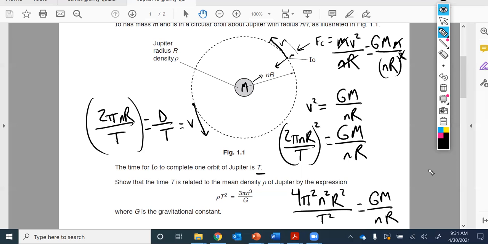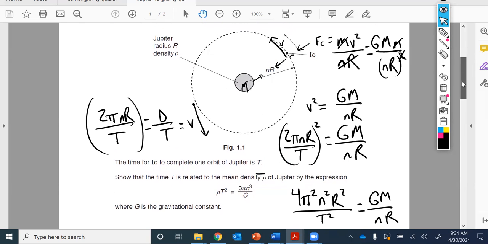Now, right away, how's that pi gonna cancel? See how we have pi squared? Oh, okay, we still got more work to do.